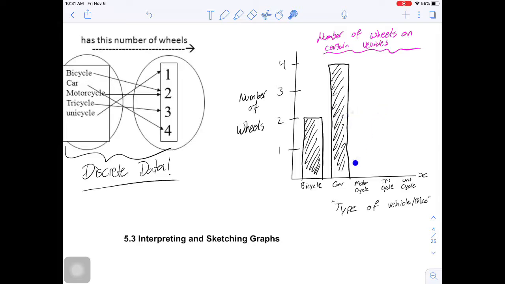There's no point in making something a bigger width and a skinnier width. They should be roughly the same width. My motorcycle, I'm at 2. My tricycle, I'm at 3. And then my unicycle, I'm at 1.